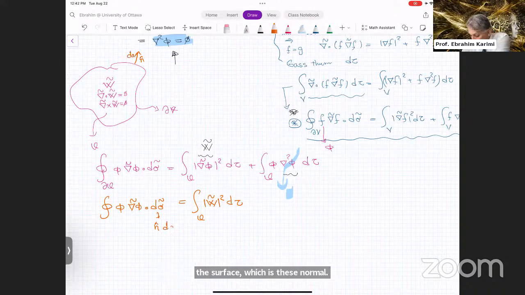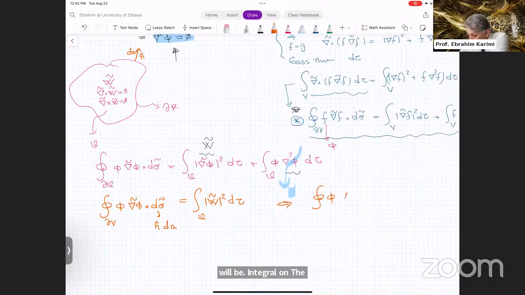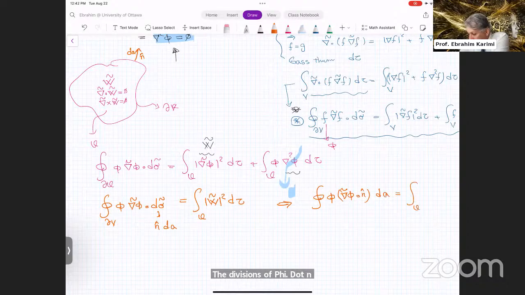So that will be the integral on the surface of phi, gradient of phi dot n dA, equal to the integral of W squared d tau on the volume.